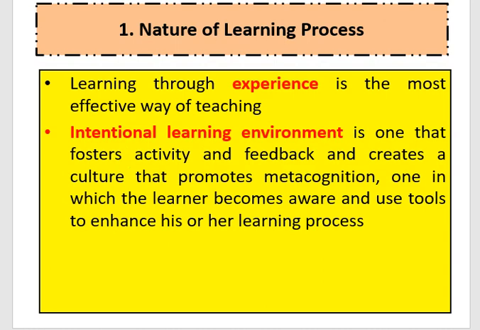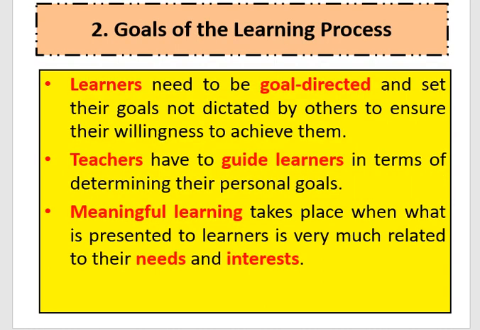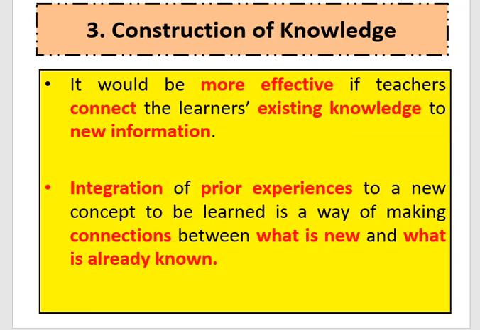Next, we have here goals of the learning process. Dapat may goal ka para mas directed ka, para mas committed ka. Kasi you have a timeline, you have a goal. Third, construction of knowledge. It means that what you have learned in the past must be used or connected to what you are learning in the present.